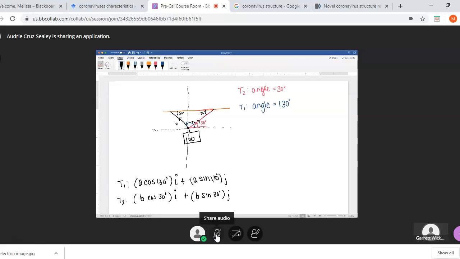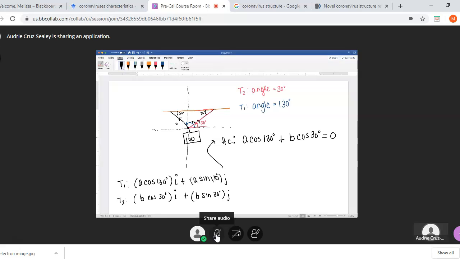Okay. So then I came over here and thought, let me think about my horizontal components. That means that A cosine of 130 degrees plus B cosine of 30 degrees is going to have to equal 0. Right?